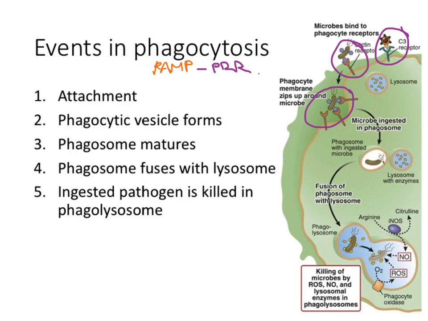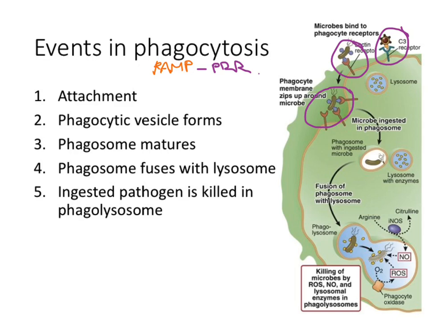I can rephrase this a slightly different way. How do we generally describe phagocytosis? What's another term or phrase that we might use to describe it? What was that? Cell eating, exactly. That's exactly what we mean with this phagocytic vesicle.